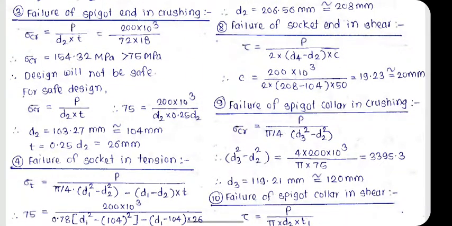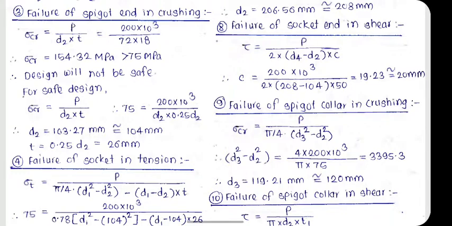Third step is failure of spigot end in crushing. So for crushing stress, equation is force upon d2 multiplied by T. So in this step you have to check the induced stresses for the selected dimensions, that is you have already calculated the dimension d2 and thickness. So put the values of force, diameter and thickness in this equation and check the induced stress.